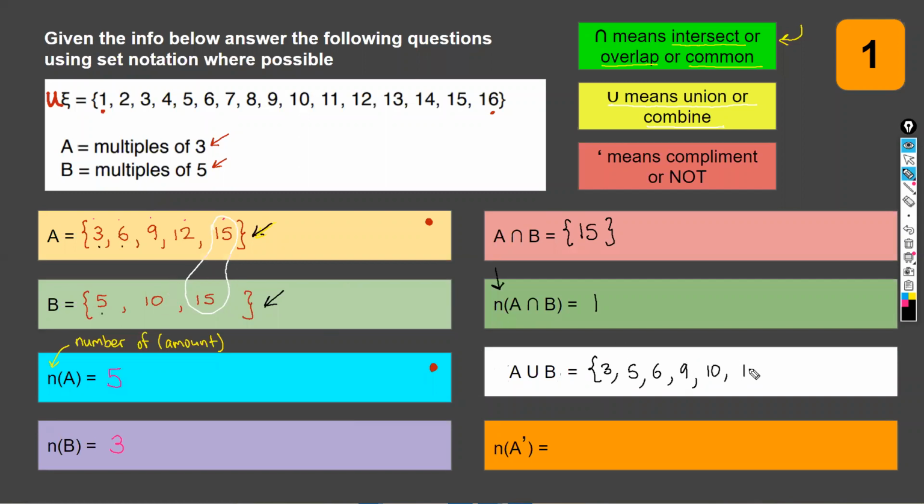After 10 is what? 12. And the 15 appears twice, but you can only write it how much? Once. So you notice what? We combined all the answers in A with all the answers in B, and we did not duplicate any answers. All right?